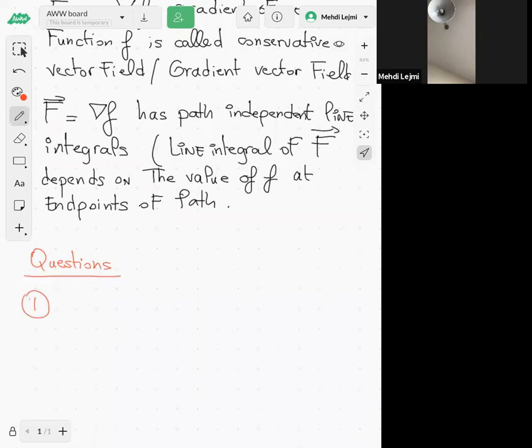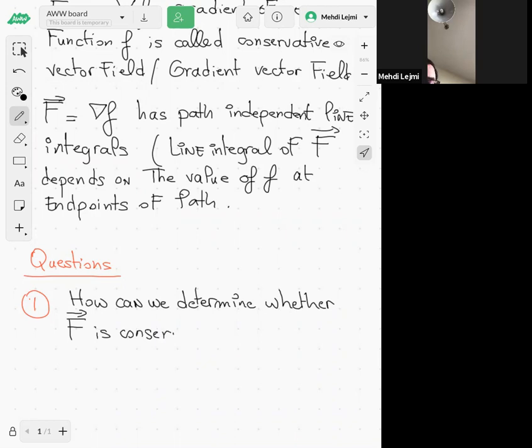The first question was, how can you determine whether capital F, the vector field, is conservative, is a gradient vector field, all right?